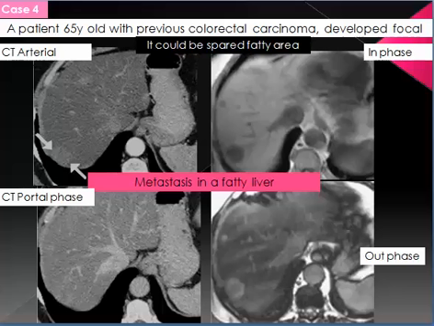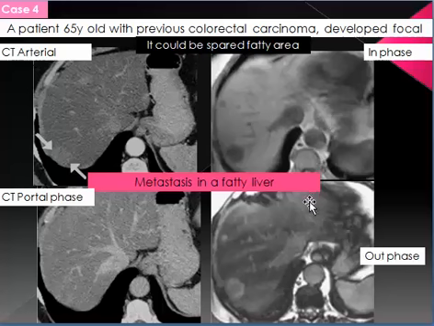A 65-year-old patient with previous colorectal carcinoma developed a focal lesion. On CT arterial, you have something starting to enhance, while in the CT portal it fades away. With these two, we are dealing with something malignant.